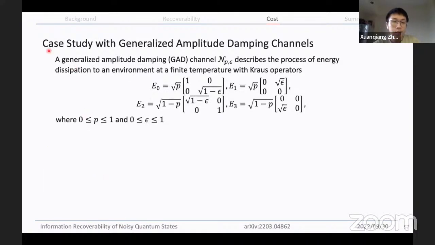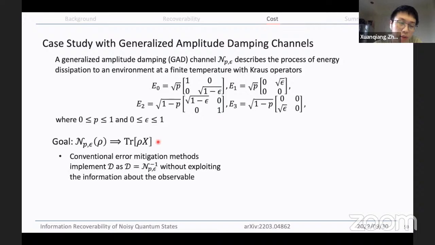So now we present a case study with the generalized amplitude damping channel. A GAD channel describes the process of energy dissipation at a finite temperature, and it has these 4 Kraus operators. And the task we consider is to recover the shadow information corresponding to the Pauli X operator from the states corrupted by GAD channels.